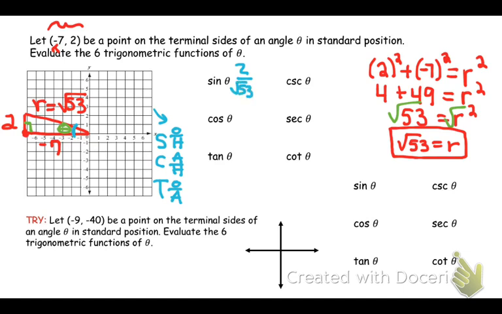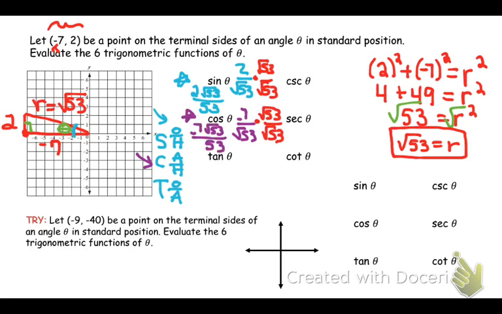And if you remember, we need to rationalize that denominator, so we're going to multiply by square root 53 over square root 53, and that gives us 2 square root 53 over 53. Cosine says we have adjacent over hypotenuse, so the adjacent side, we have -7 over the hypotenuse square root 53. Again, we need to rationalize the denominator, so we should end up getting -7 square root 53 over 53.